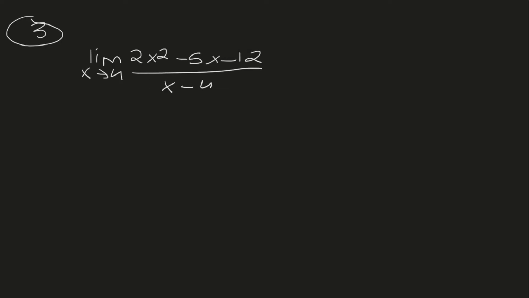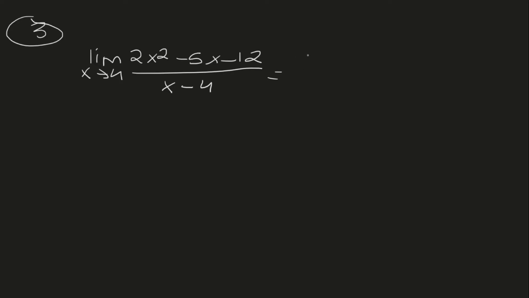So let's take the problem as the limit as x approaches 4 of 2x squared minus 5x minus 12 all over x minus 4.